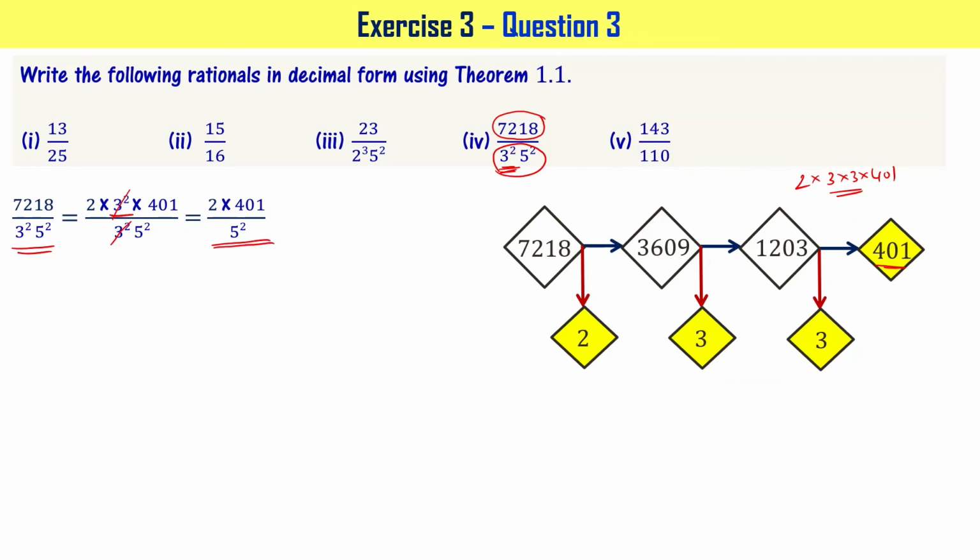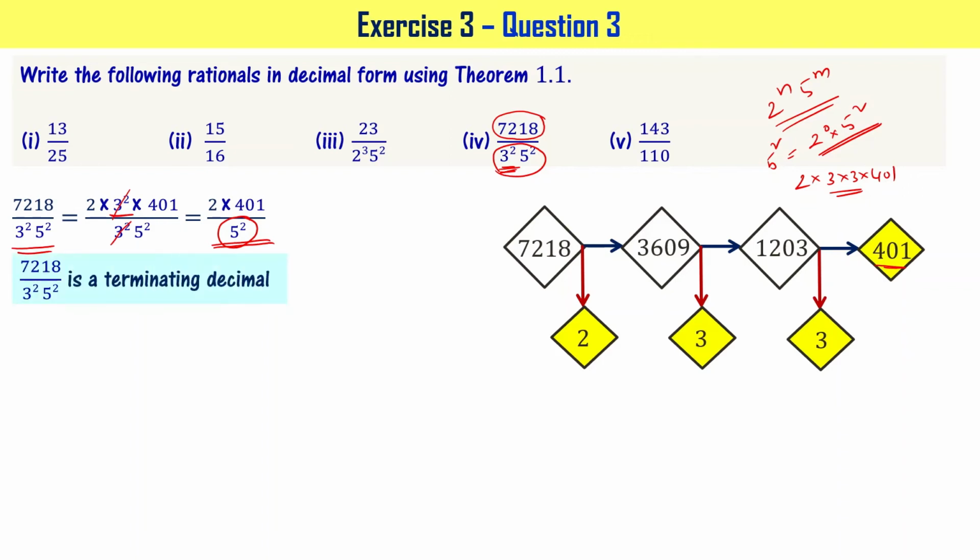This is in the form of 2 power n, 5 power m, right? 2 power 0 and 5 power 2. The denominator, 5 square, can be written as 2 power 0 times 5 power 2, right? Since it is in this form, I can say that the given rational number is going to have a terminating decimal, right?